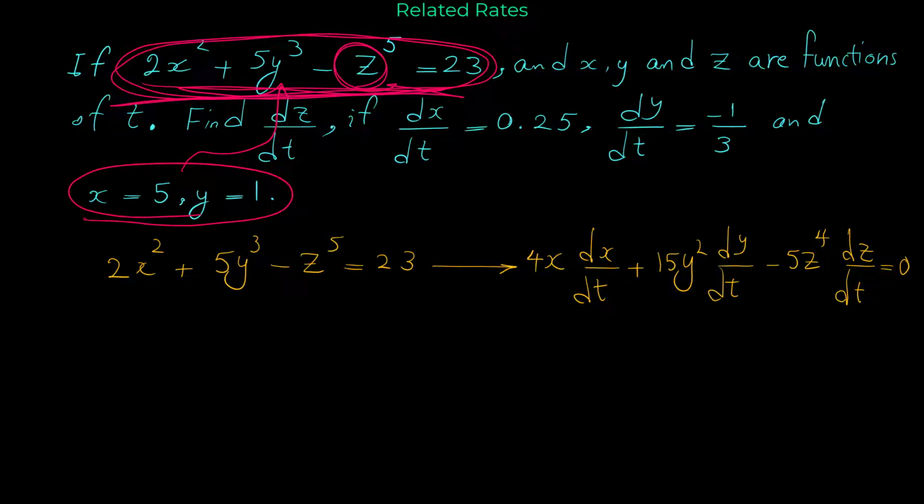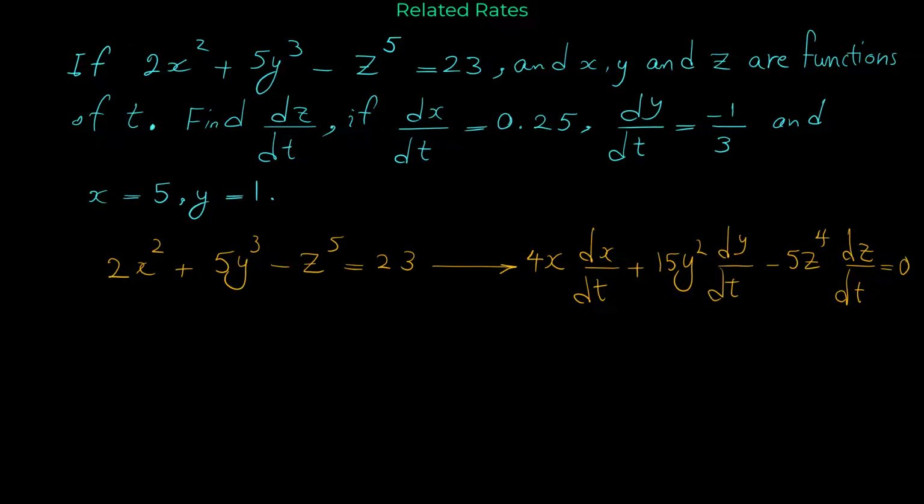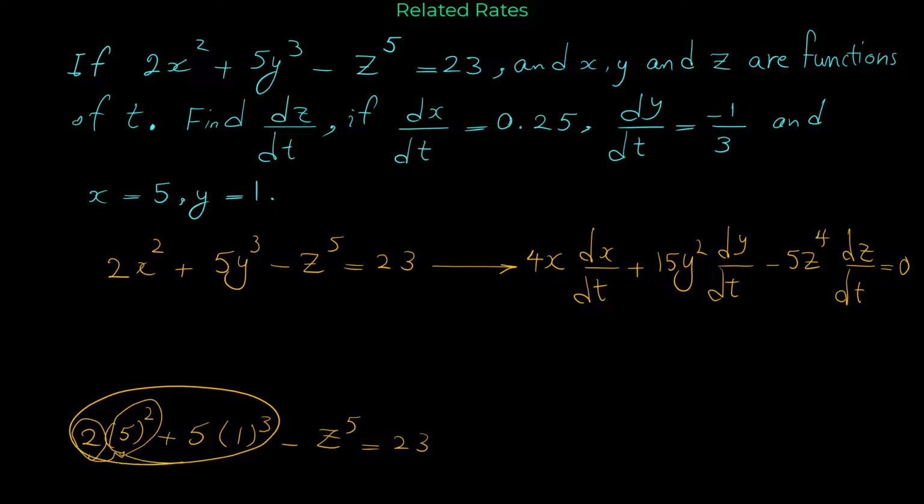If we plug in 5 for x in that equation and 1 for y, we have 2 times 5 to the power of 2 plus 5 times 1 to the 3 minus z to the 5 is 23. 5 to the 2 is 25. 25 times 2 is 50. 50 plus 5 is 55.